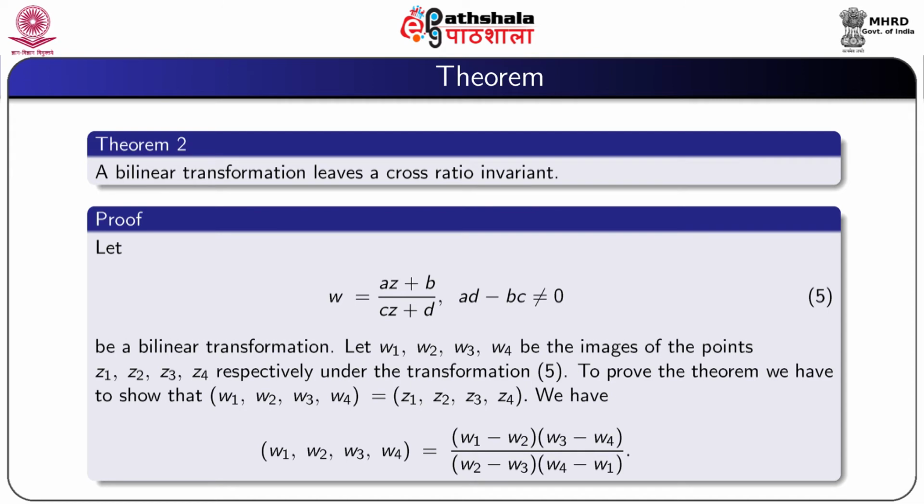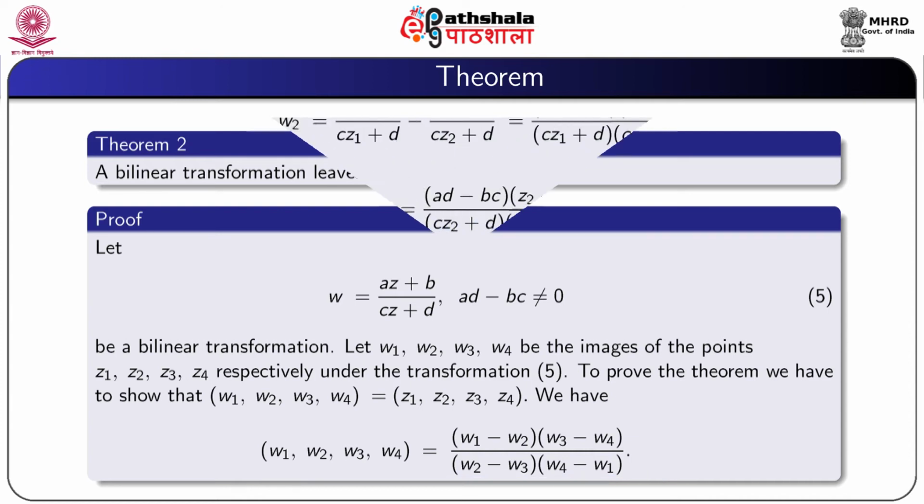We have the cross ratio of W1, W2, W3, W4 equal to (W1 minus W2) into (W3 minus W4) by (W2 minus W3) into (W4 minus W1).